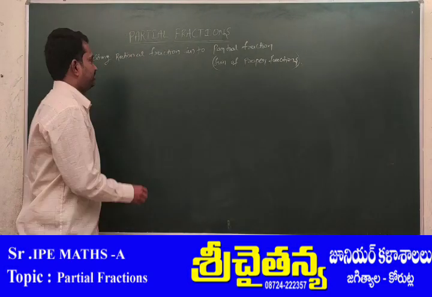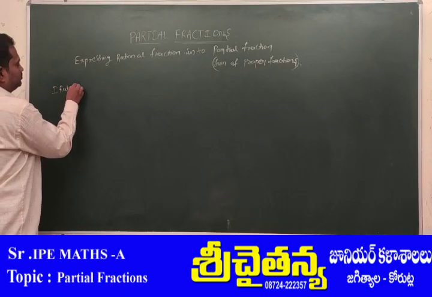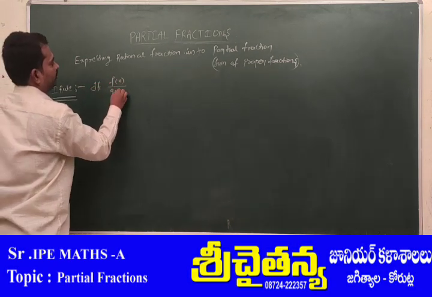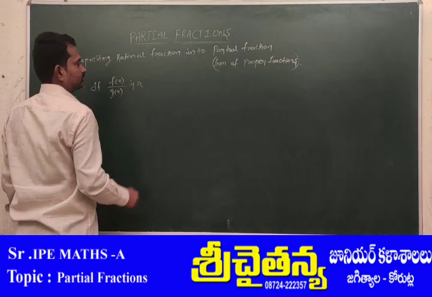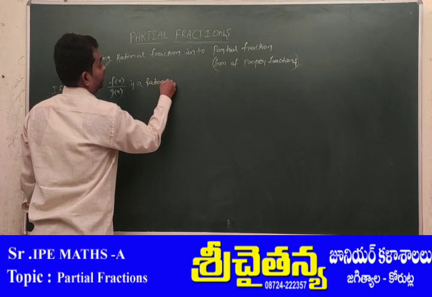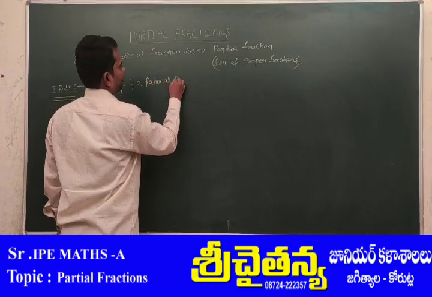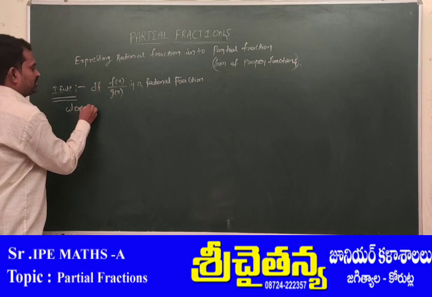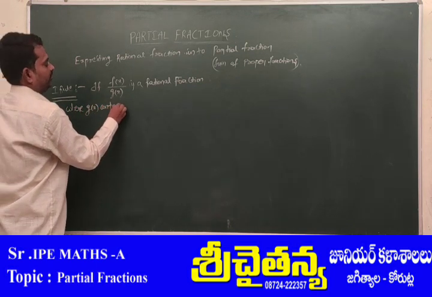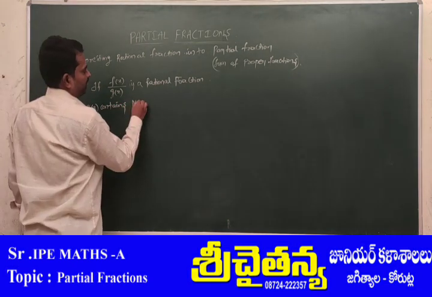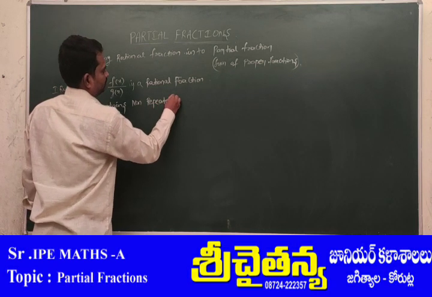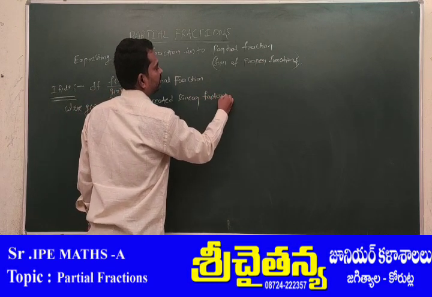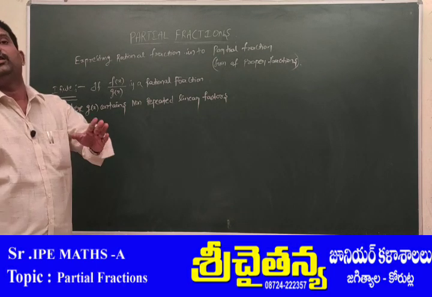The first rule is: if f of x by g of x is a rational fraction, a compulsorily proper rational fraction, where g of x contains non-repeated linear factors, otherwise linear polynomials.